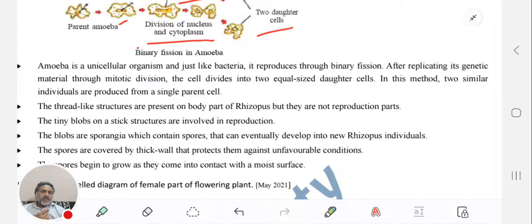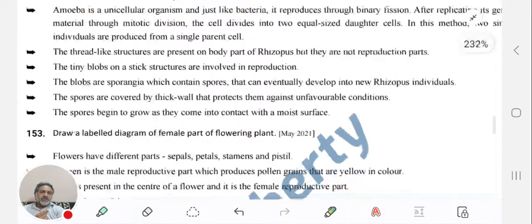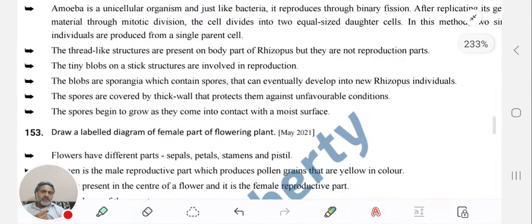The blobs are sporangia, which contain spores that can eventually develop into new rhizopus individuals. The spores are covered by a thick wall that protects them against unfavorable conditions. The spores begin to grow when they come into contact with a moist surface.